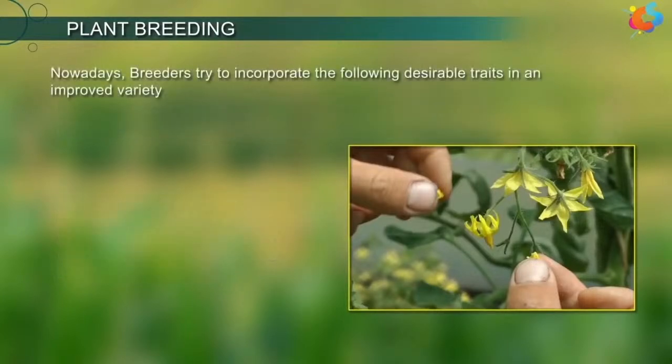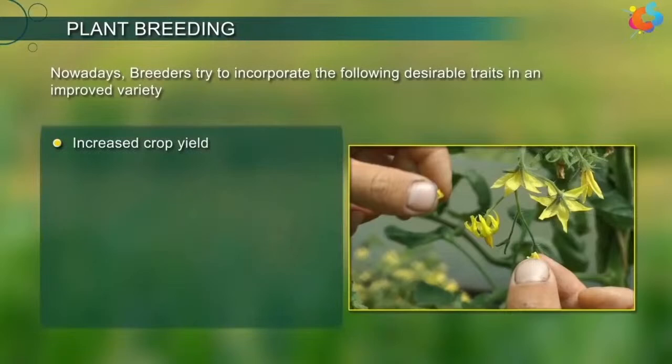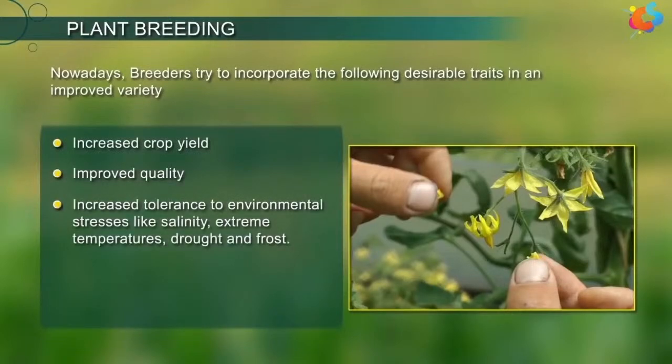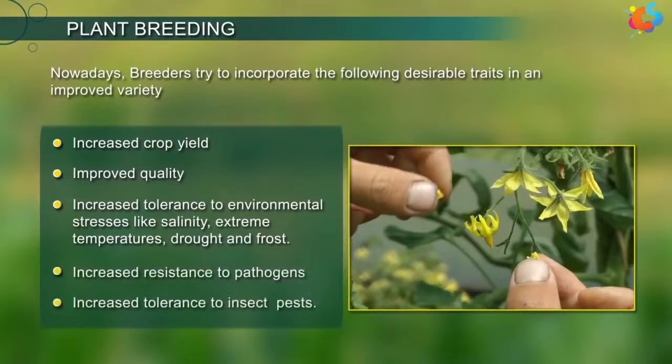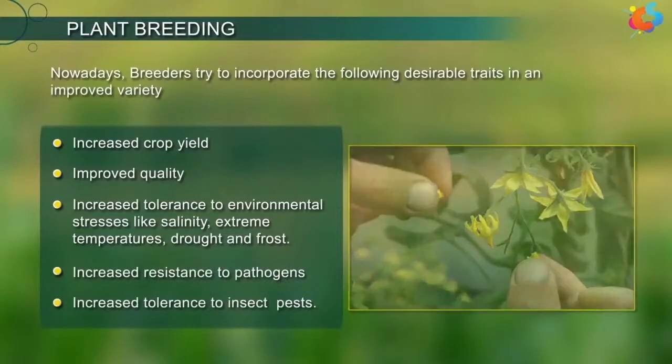Nowadays, breeders try to incorporate the following desirable traits in an improved variety: increased crop yield, improved quality, increased tolerance to environmental stresses like salinity, extreme temperatures, drought, and frost, increased resistance to pathogens, and increased tolerance to insect pests.